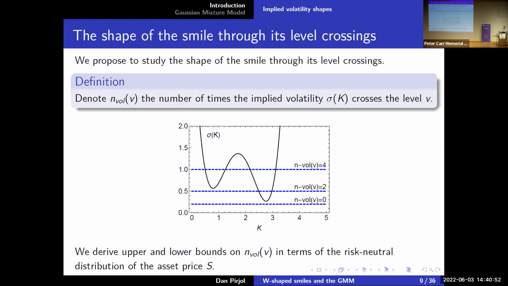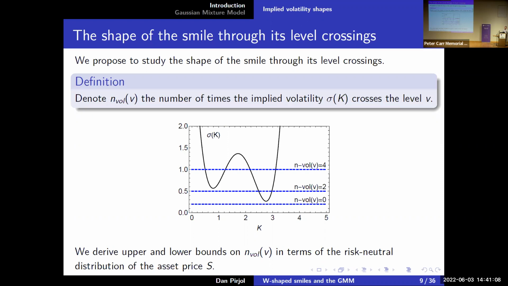And the way we do that is by looking at the smile through its level crossings. So I'll define the number of level crossings of a certain level as the number of times a horizontal line crosses the smile.